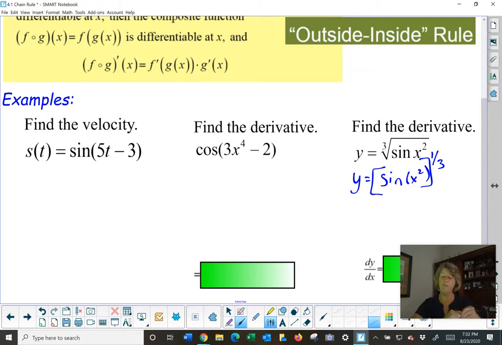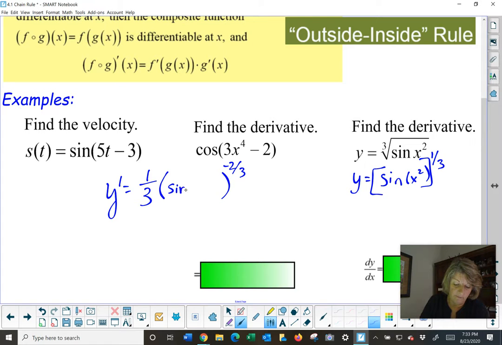The next level of function is sine, and then the inside piece is x squared. So we would have y prime equals 1/3. We're using the power rule. Subtract 1 from 1/3, and we'd have negative 2/3. Leave all of the inside piece alone. So we'd have sine x squared.